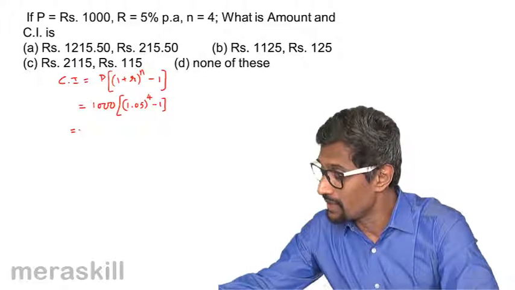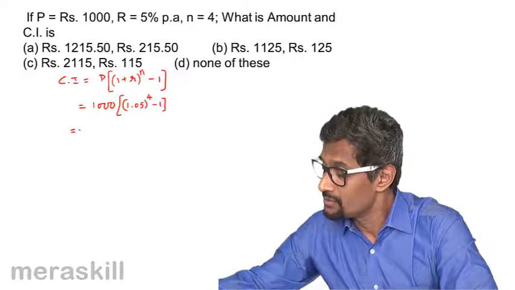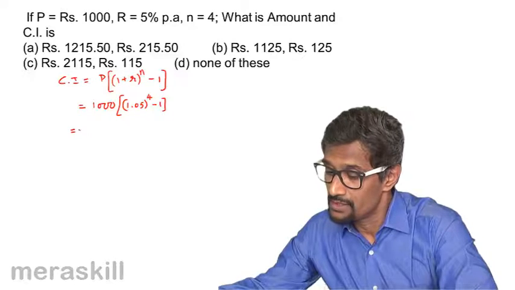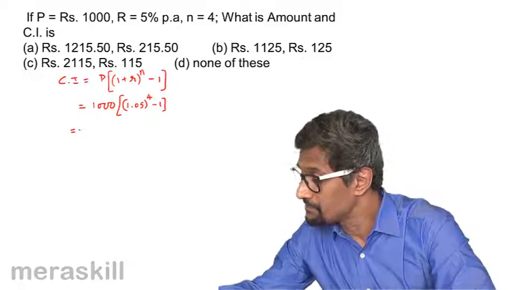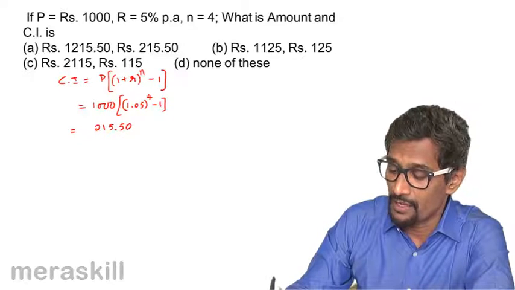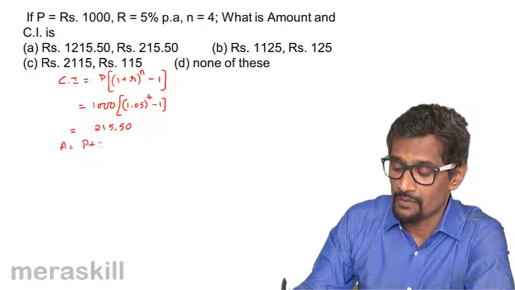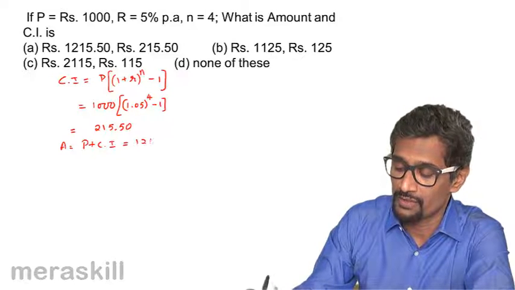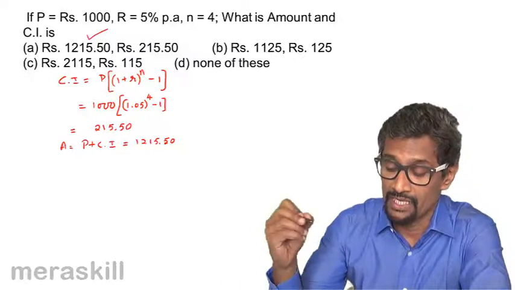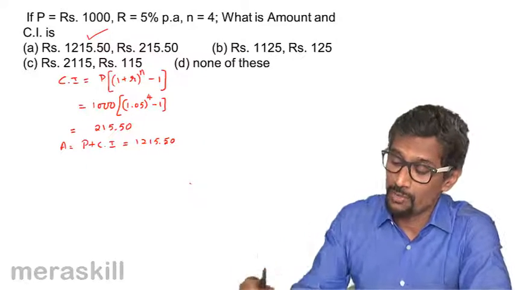From that you subtract 1 and you get, into 1000, 215.5 is the compound interest, and the amount will be, of course, the principal plus the compound interest. So it turns out to be 1215.50. So it is option number A. So the amount is 1215.50 and the compound interest is this.